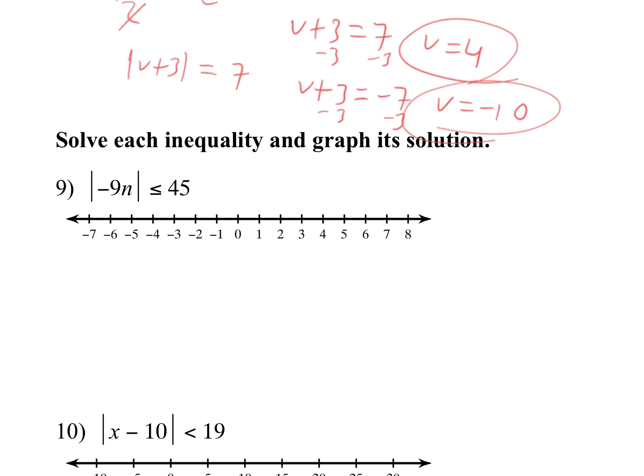All right, now the last 4 questions are on the compound absolute value inequalities. To solve these, we want to graph it the same way, solve them the same way that we would an absolute value equation, right? Only the direction of your inequality is going to tell you where to graph.